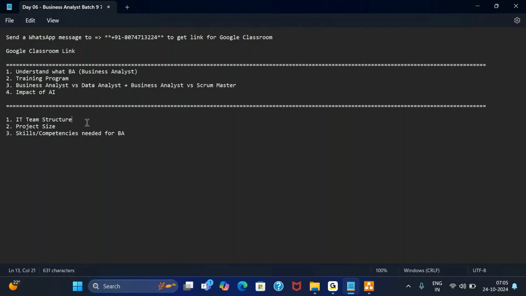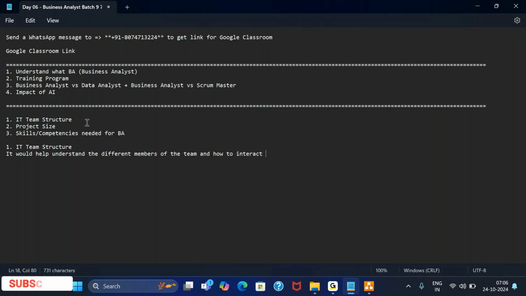So the team structure would help understand the different members of the team and how to interact with the team.